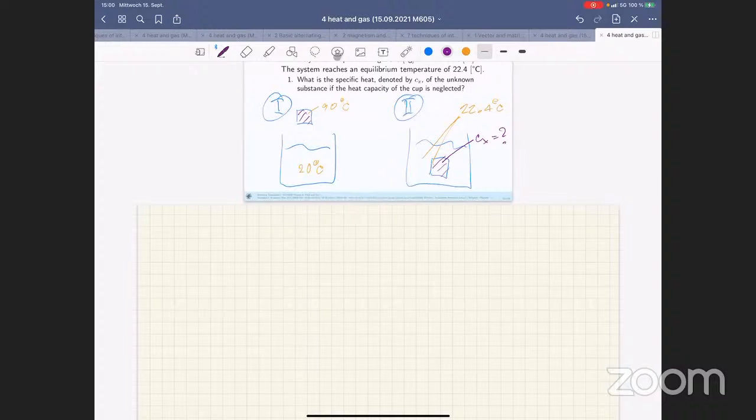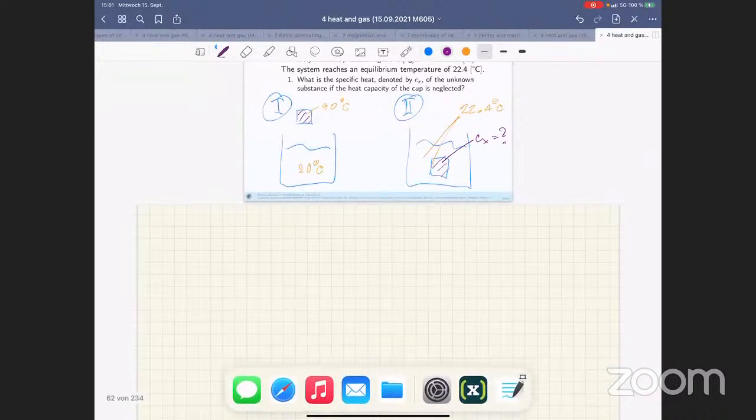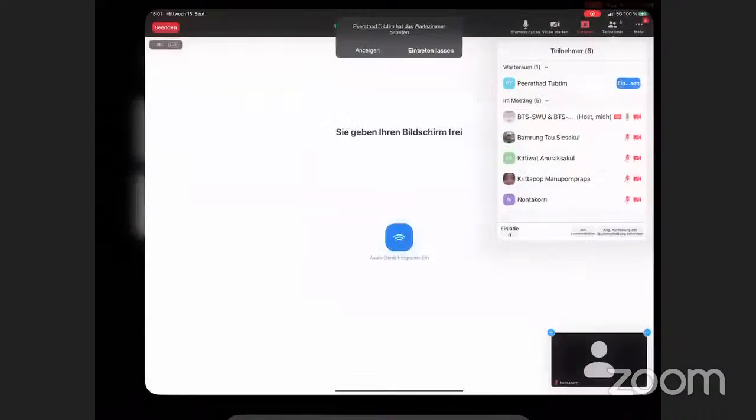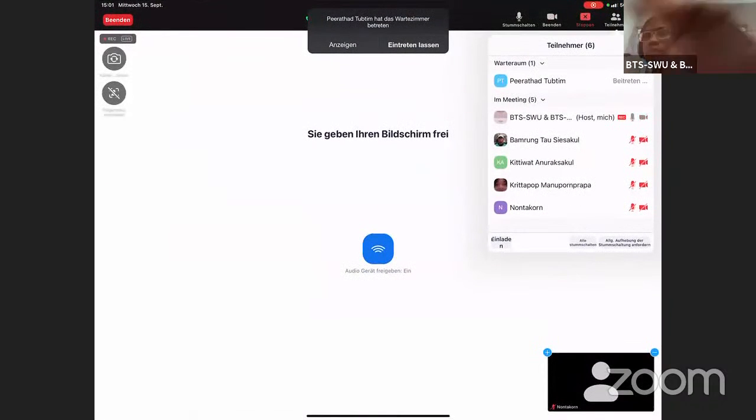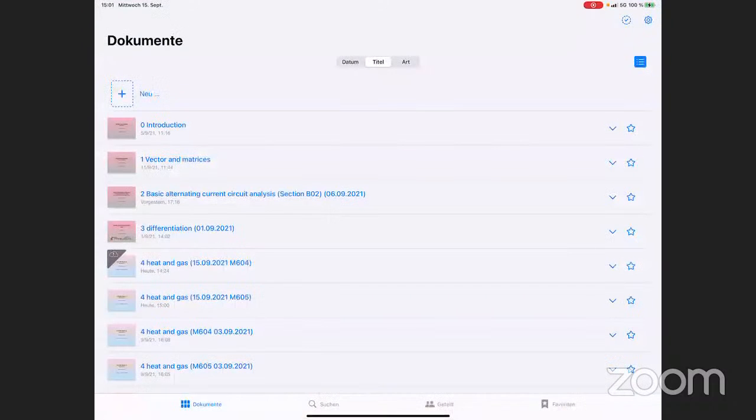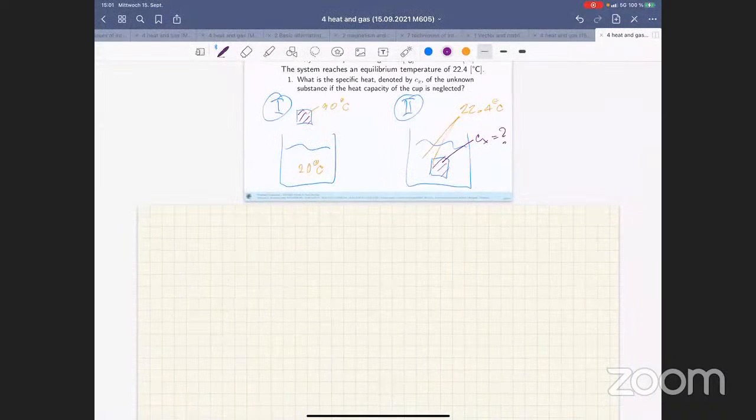So the summation of the heat remains zero.